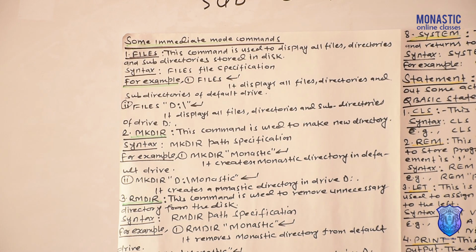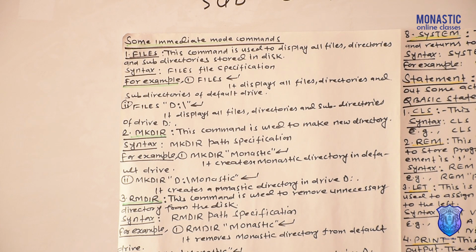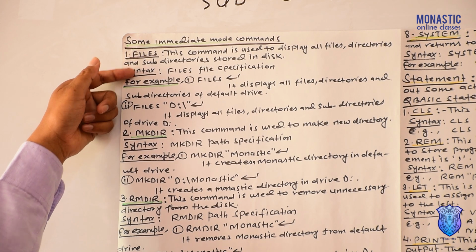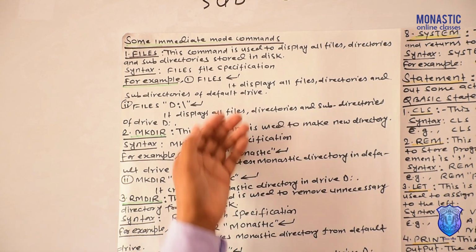The mode of operation which lies below the programming mode is called immediate mode. In this mode, after writing one line of code, when we press Enter, we get the result. Generally immediate mode is used to execute immediate mode commands like FILES, MKDIR, RMDIR, CHDIR, etc., and to perform some mathematical calculations.